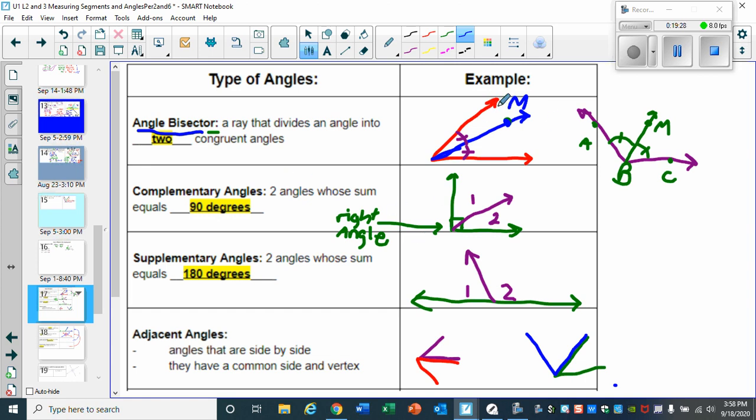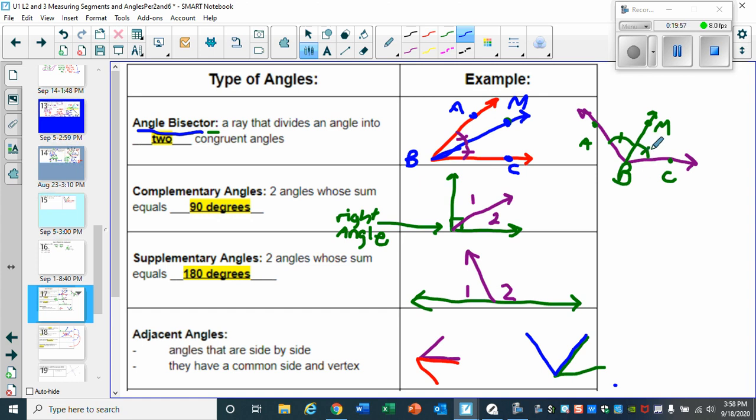So, angle bisector, there's your point M. And then, let's say this is B, and this is A, C. And then similarly, we did ABC, M, but notice again, arcs. And then I'm going to show you something in a little while.